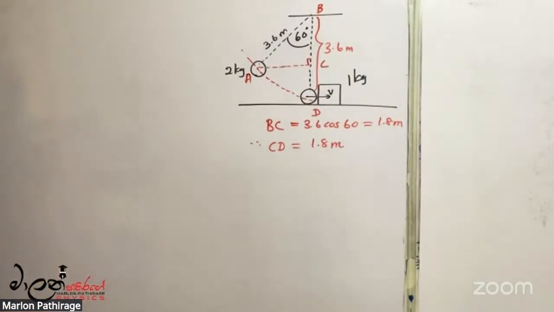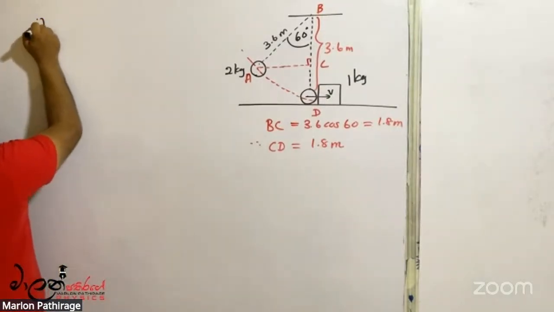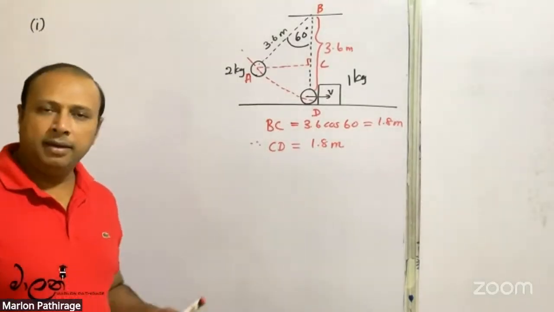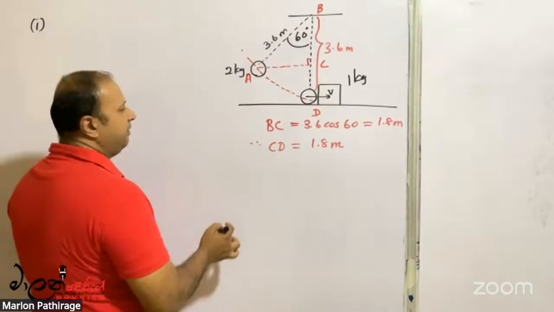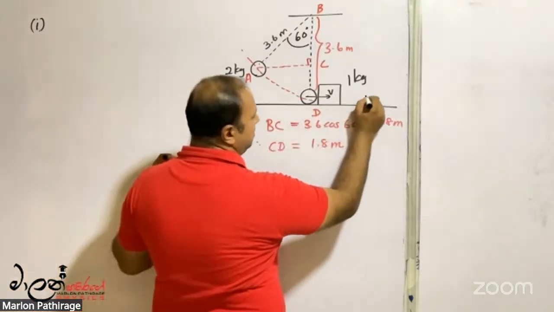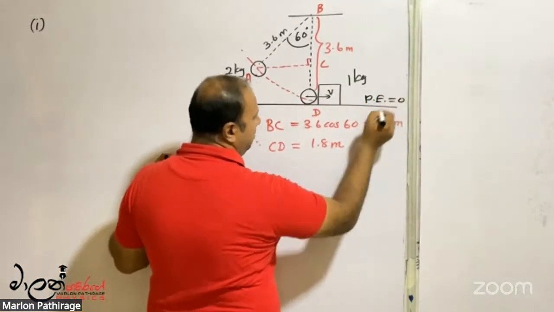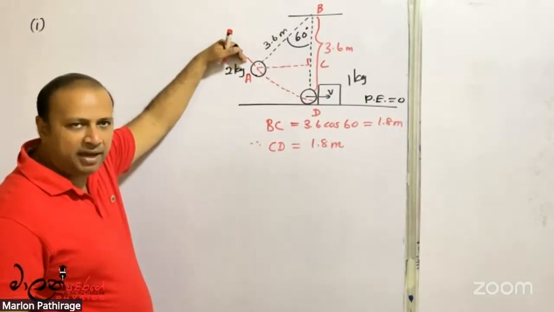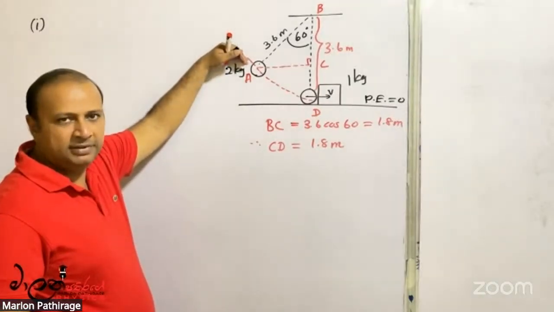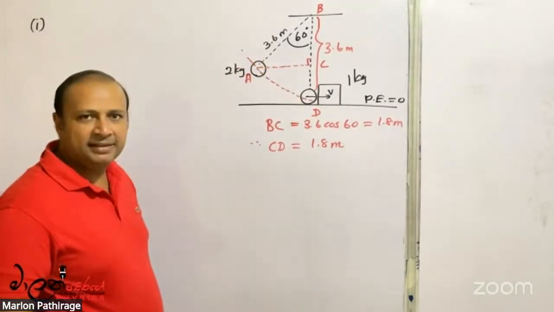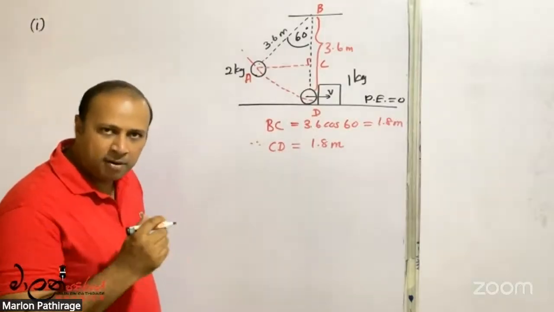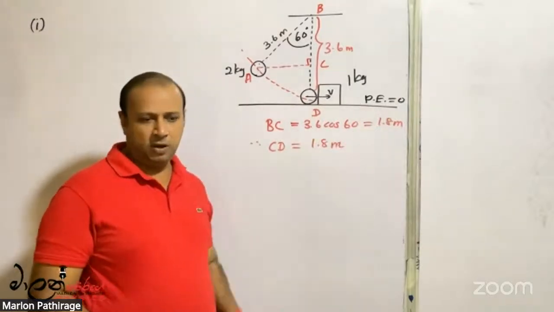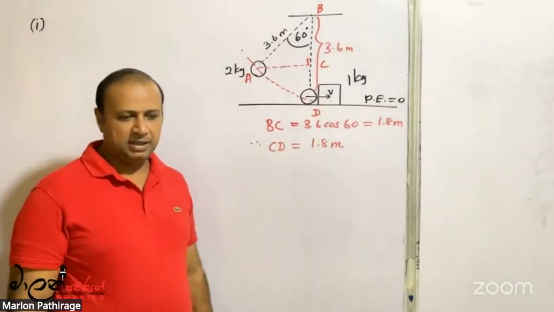Okay, this is question number 1, no? In such cases, you can apply the energy conservation law. If you take this one as potential energy 0 level, initially this object had potential energy only. Finally, it has only kinetic energy because now it is at potential energy 0 level.